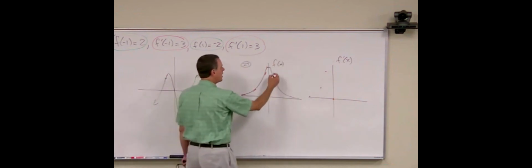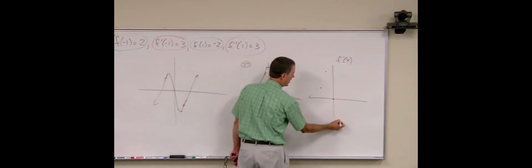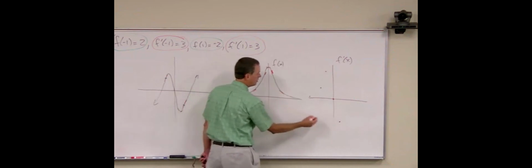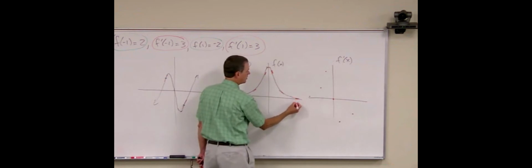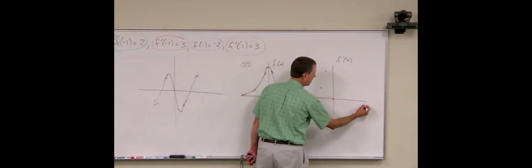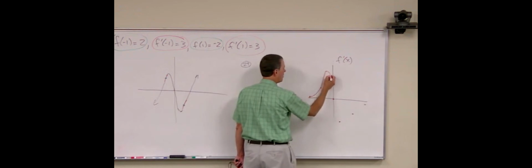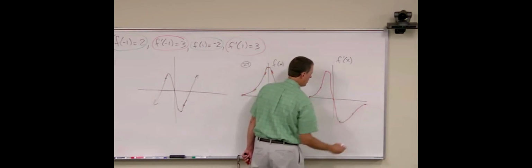And then over on this side, I've got a very steep negative tangent, so I'm down like this. And then it's not as steep, and then it's still not as steep, but still negative. So I get a picture of something like that.